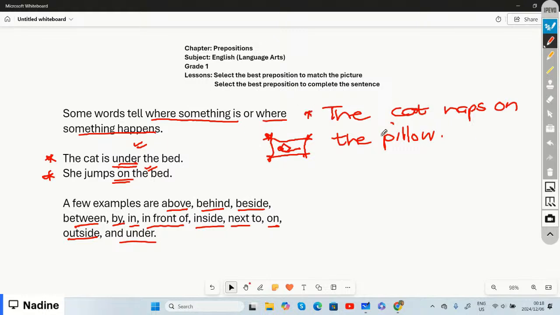If you look at the sentence, which word tells us that it is a preposition? The cat naps on the pillow.